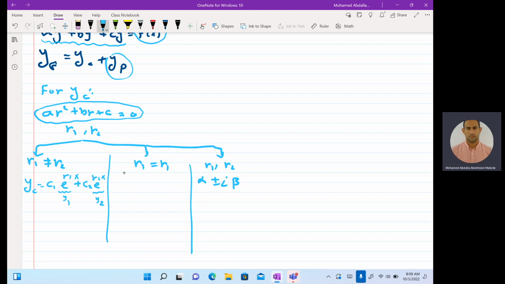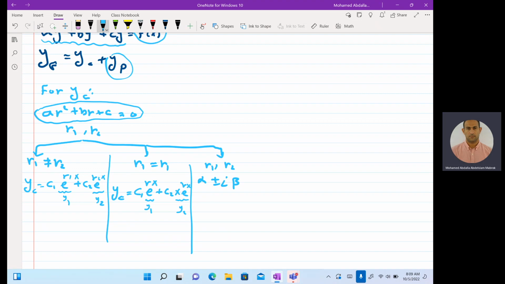In the case of equal roots, we almost do the same, but we multiply by x to avoid linear dependence. So C1 e to the power rx plus C2 x e to the power rx. In this case, this is y1 and this is y2, including the x.